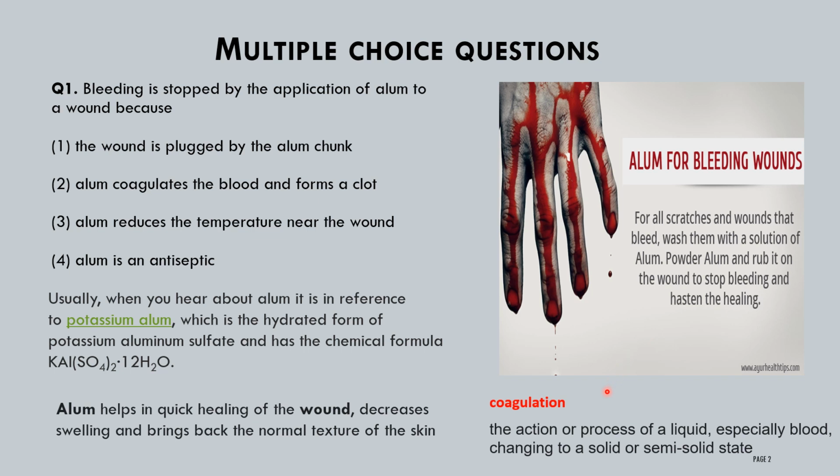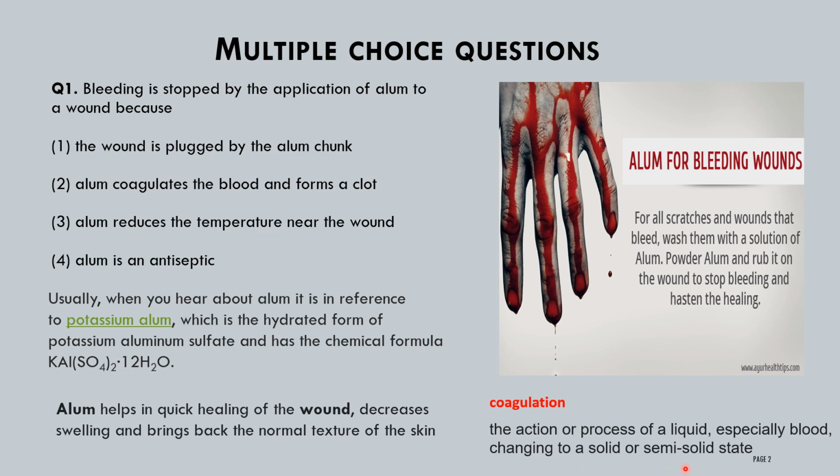Let us listen here. Because when you apply alum to a particular wound, it will start coagulation. What is meant by coagulation? The action or process of a liquid, especially blood, changing to a solid or semi-solid.